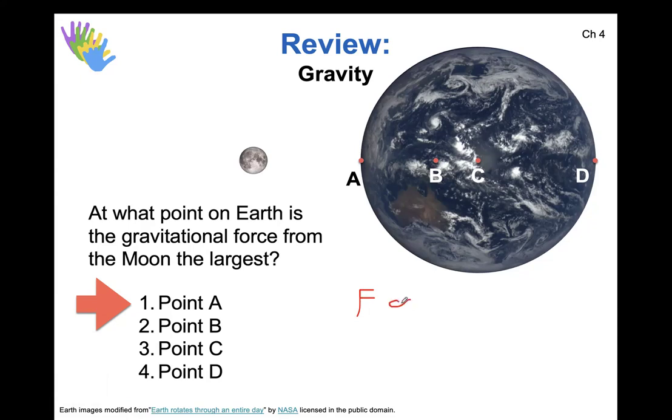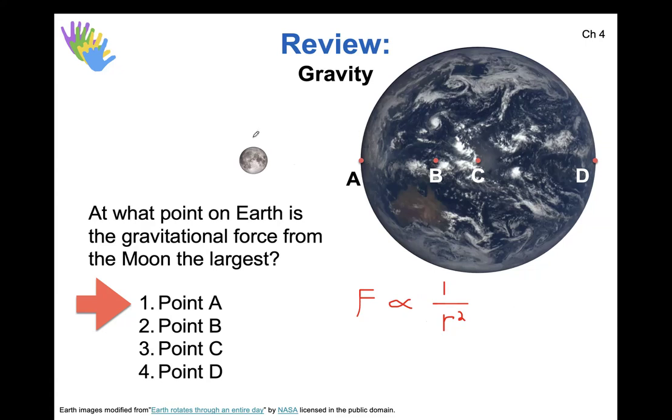So we've got this notion that 1 over r squared, where r is the distance, is the key proportionality for gravity, at least when we care about distance. And we don't care about mass because in each case it would be the same two masses, but the distance changes and A is just closer.